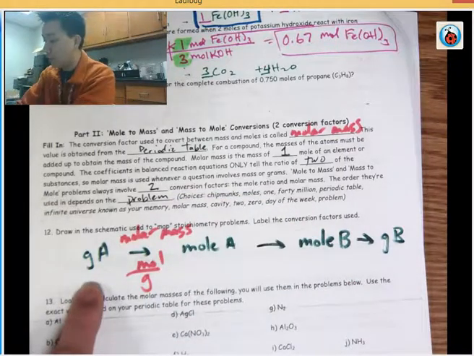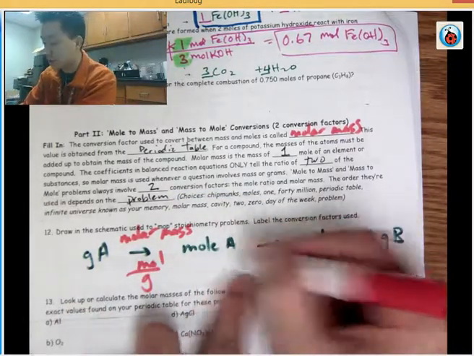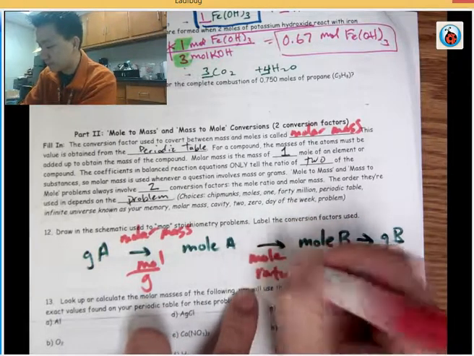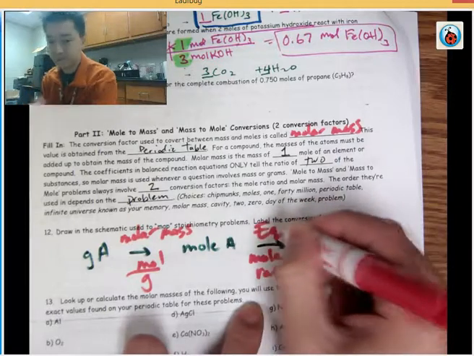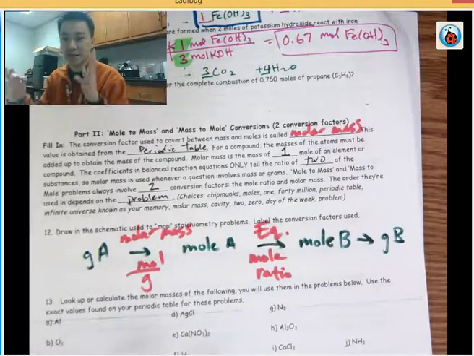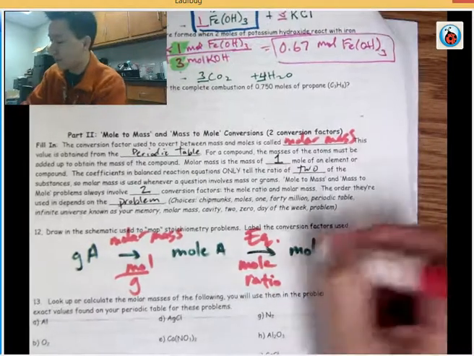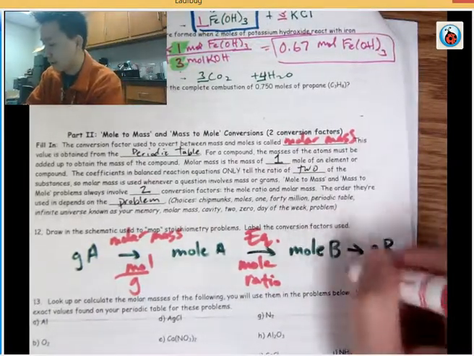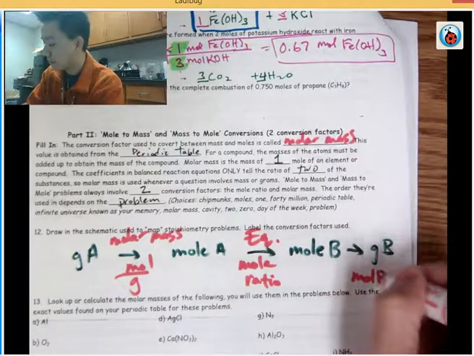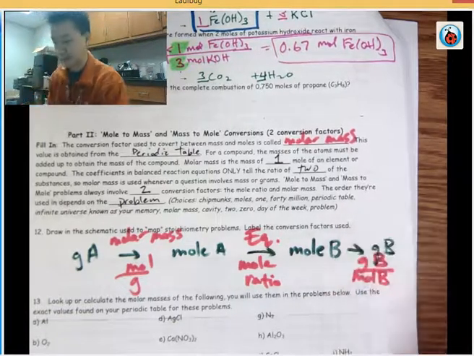Okay? Mole to mole, where the arrow switches, you'll use the mole ratio. This is from the equation. Okay? You look at a balanced equation, get the number of moles. That's your mole ratio. And then mole to grams here, again, we want mole B on the bottom now, because we want to get to grams of B on top.